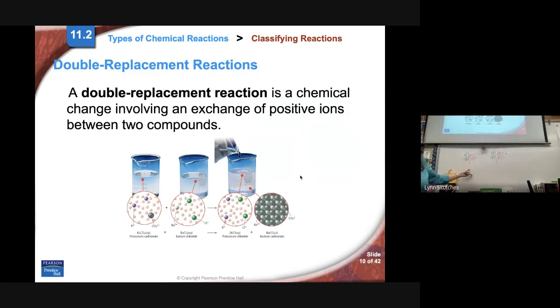There's positive and negative pieces in solution. If you put the two solutions together, remember when we did the little dropper bottles? If you put them together, sometimes they'll make an insoluble new compound. That was the precipitate thing. But the positive from one can go with the negative of the other, okay?